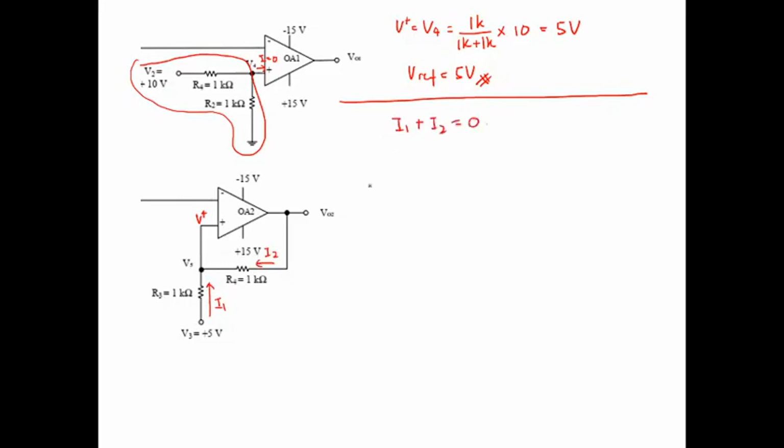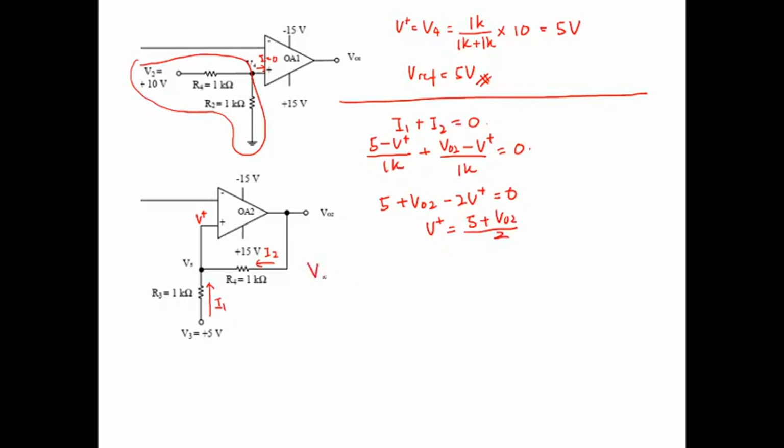So I1 is (5 minus V plus) over 1K, plus I2 is (V out 2 minus V plus) over 1K, equal to 0. So 5 plus V out 2 minus 2V plus equal to 0. So V plus is equal to (5 plus V out 2) over 2. This is the equation for V plus.